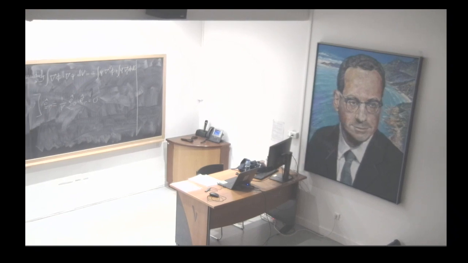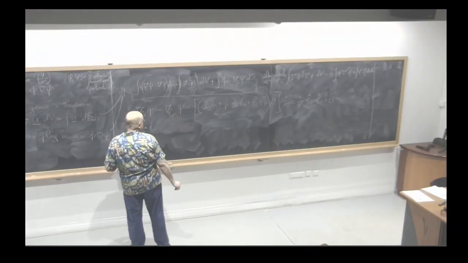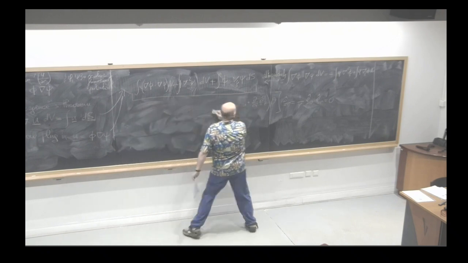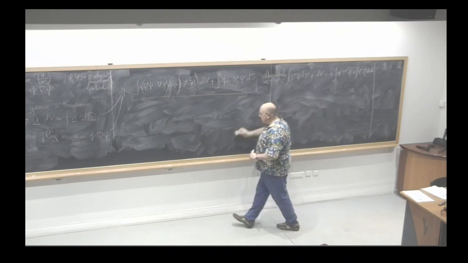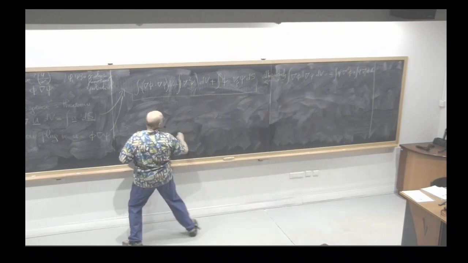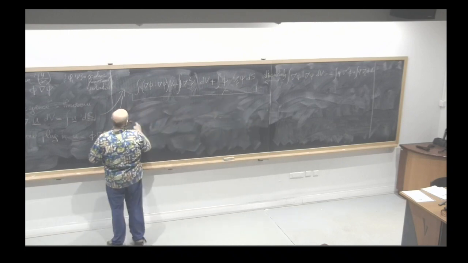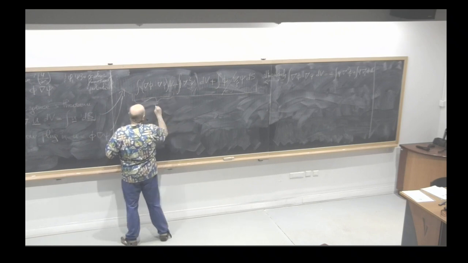Then he goes on considering this case. Okay, let's work out this case. So this is 0, we just said that in this particular case. So we have this integral. Let's call this quantity I1.